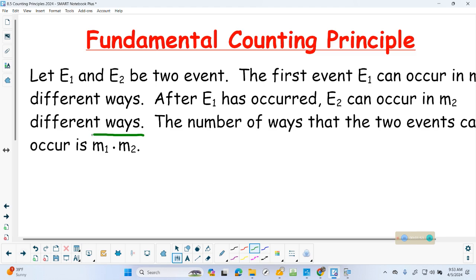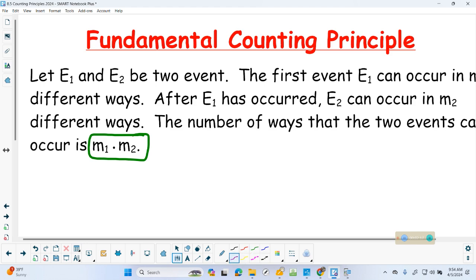To get your final answers, you just multiply your results together. So if it's something like, what's the possibility of this and this, you just multiply the two final answers together. So fill that in on the blank. Number of ways the two events occur is, make sure you got that. And get ready. We're going to multiply now.